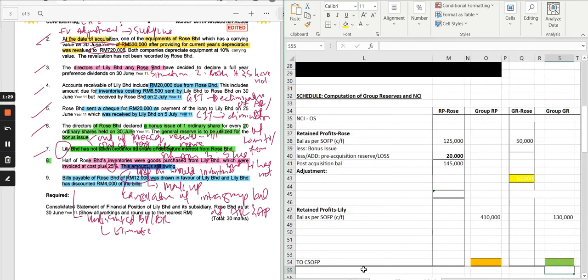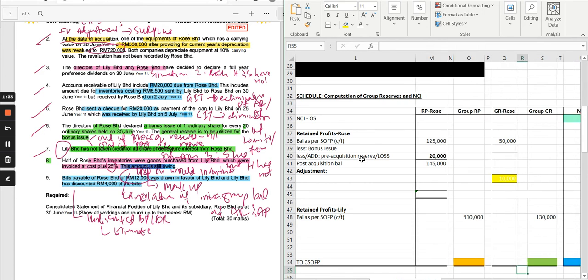Okay, if you look at the schedule that I prepared here, you would notice that it consists of a few columns. The first column is on the item, the second column, third, fourth, and there are altogether 5 columns. In terms of the columns which relate to reserve, the first one is a column for the retained profit of the subsidiary.